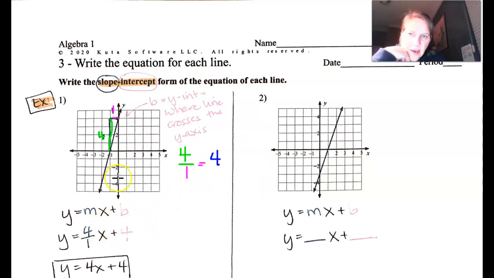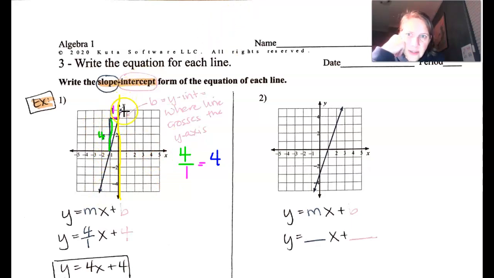We also need the y-intercept. Remember when we found the y-intercept, we had our line and our y-intercept, which we highlighted in yellow. Then we wanted to see where our line crosses the y-axis.